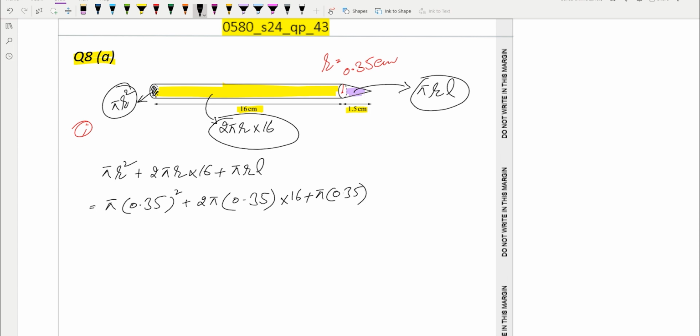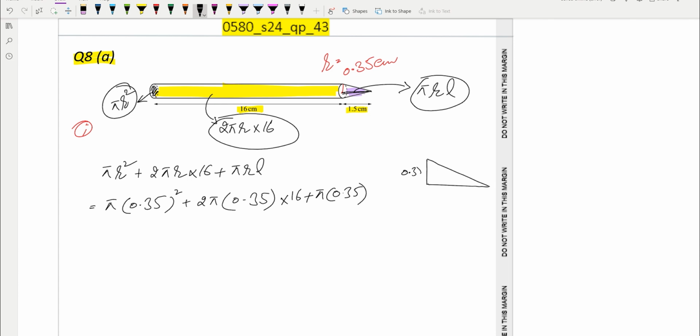Here l is not the length which is given, so we need to find that length. If we join the cone, we will get a triangle like this one.